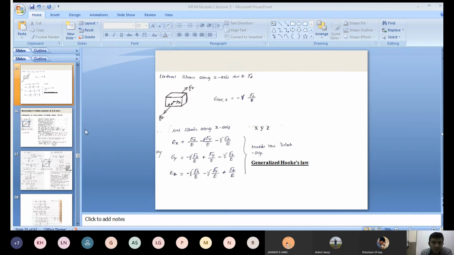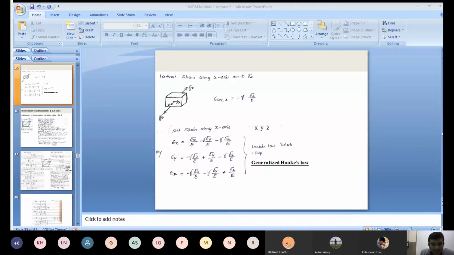Now how should you remember these equations? These all three equations are called the generalized Hooke's law. Now, how do you say this Hooke's law is right? As you know, for a tensile test, you derived the stress strain diagram. In the stress strain diagram, you know Hooke's law. Only stress is acting along x-axis. The stresses acting on y and z axes are 0, right?